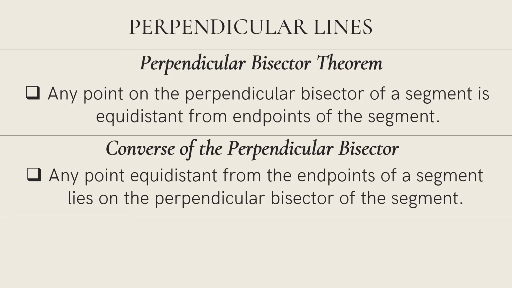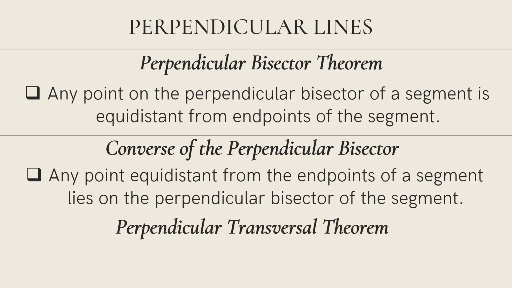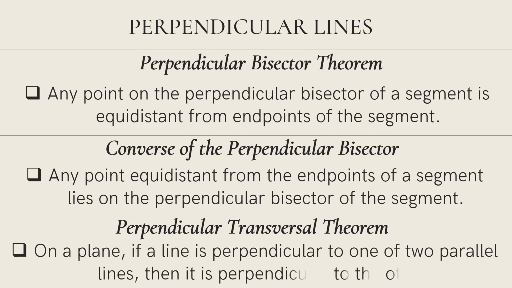And lastly, we have the perpendicular transversal theorem. On a plane, if a line is perpendicular to one of two parallel lines, then it is also perpendicular to the other. Let us try these examples.